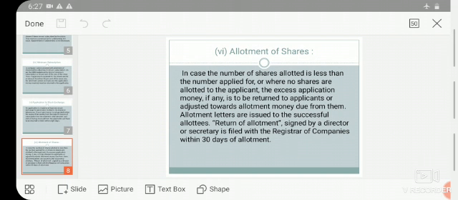Finally, the company allots the shares, that is, distributes shares to the applicants. And if the company received excess application money, that has to be refunded to those people who applied for more. So these are the steps to be followed in the third stage, the capital raising stage. Thank you.